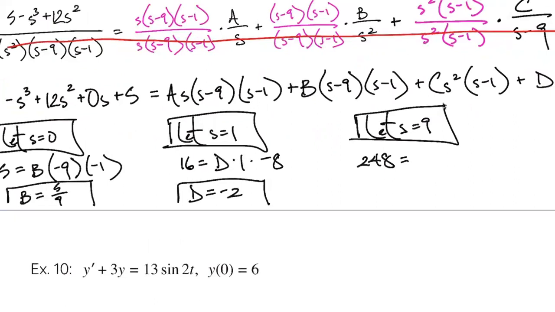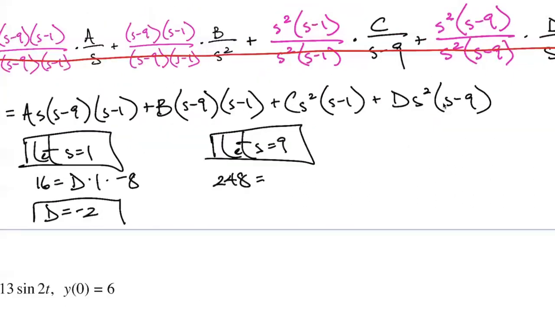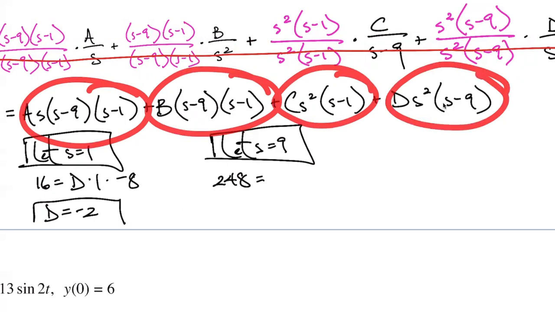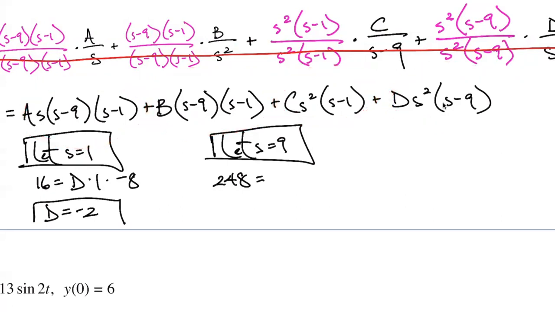Now, on the right-hand side, we have 4 different sort of terms here. We have this one, the second one, the third one, the fourth one. Of these 4, which one will not go to 0? Yeah, the one with the c, because this one doesn't have an s-9 factor.